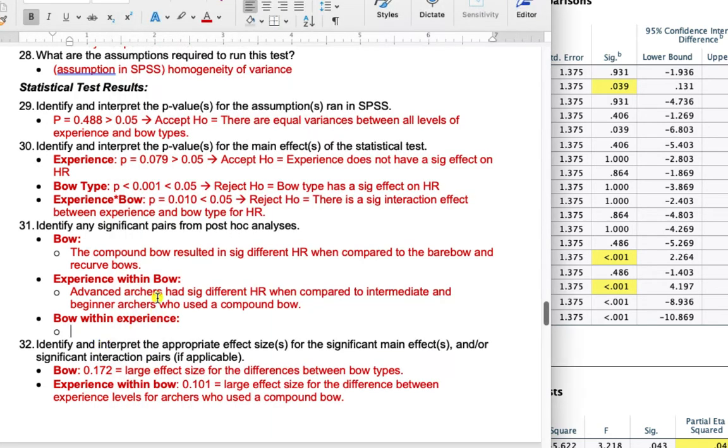So we could write this as, there was a significant difference in heart rate between bare bow and compound bows in beginners.